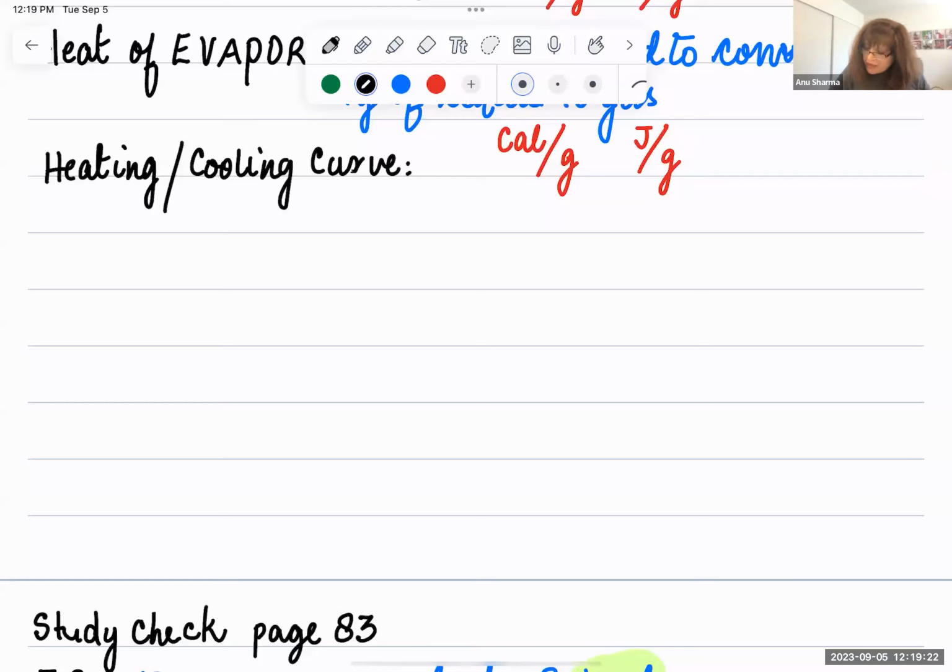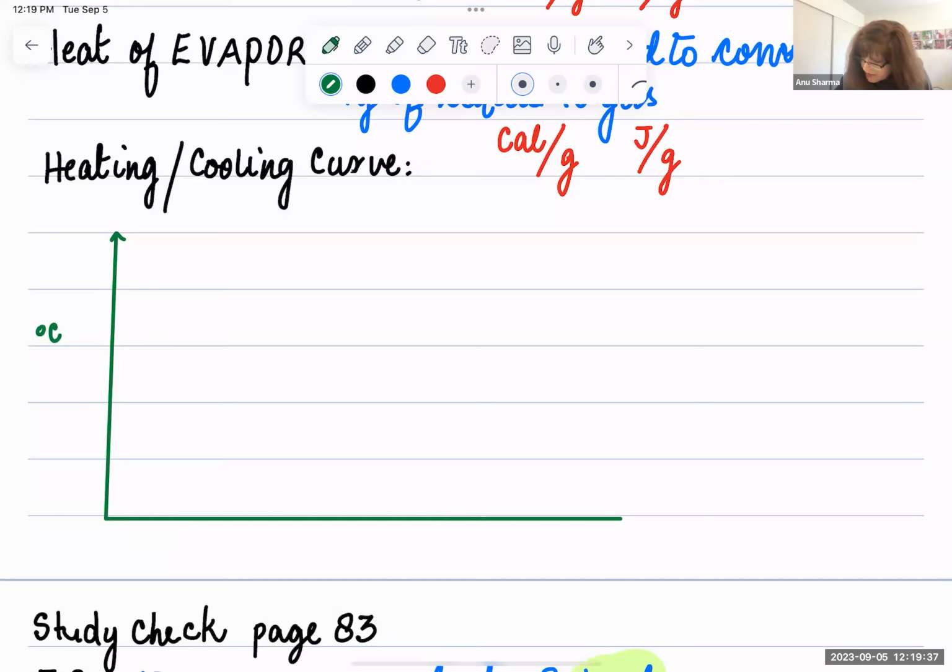Okay, here's the thing. We express this whole thing in a graph. So here's the temperature. So degrees Celsius is the temperature. And here's the amount of heat that is involved in bringing the transformation.